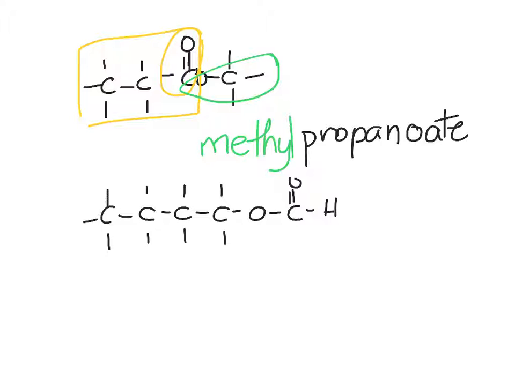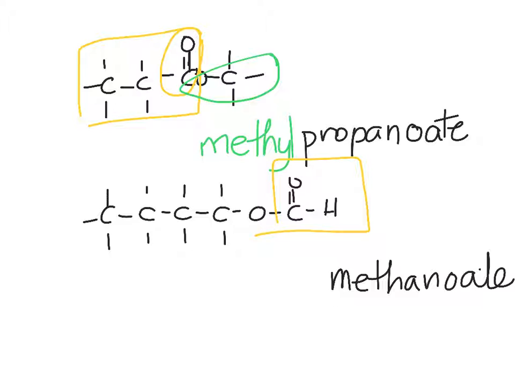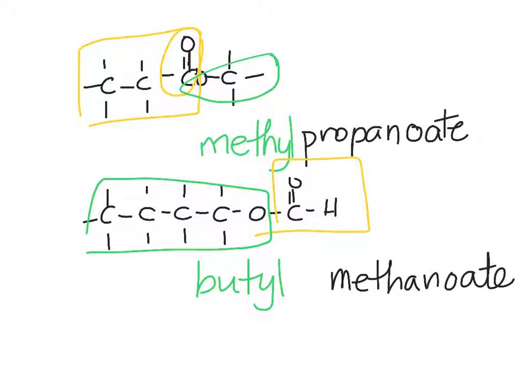So if you've got 1 carbon, you are methanoic acid, so you're methanoate. This part came from your alcohol. That would be butyl methanoate. Yeah, so it's butyl methanoate.